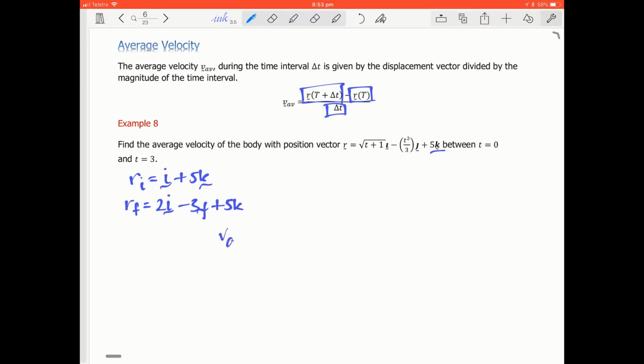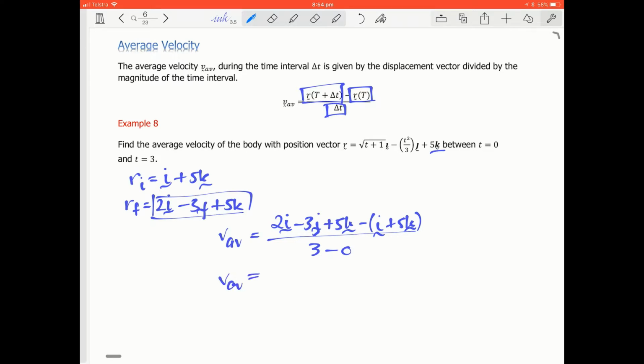Okay, so our average velocity is our final, 2i minus 3j plus 5k, minus our initial, got to put a bracket around it because we're minusing the whole thing, i plus 5k, on our change in time, which is 3 minus 0.